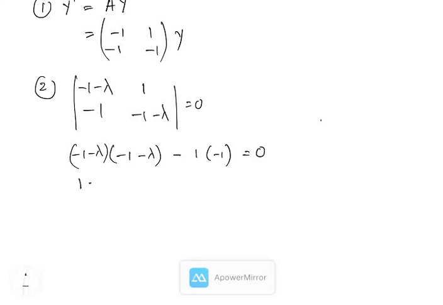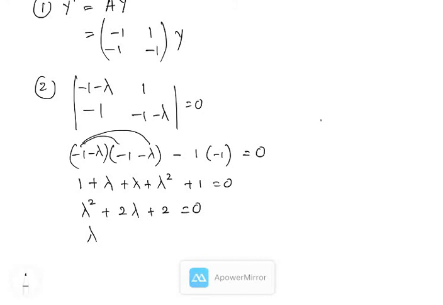So you get 1 plus lambda plus lambda plus lambda squared plus 1 equals 0. So you get lambda squared plus 2 lambda plus 2 equals 0. So lambda equals minus 1 plus minus i. This one you can get from the calculator.